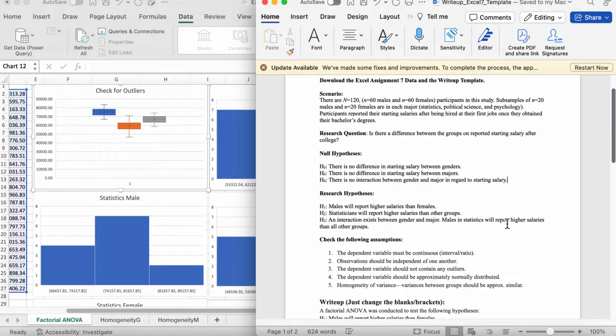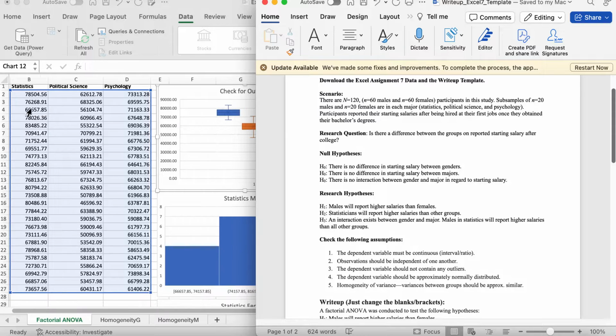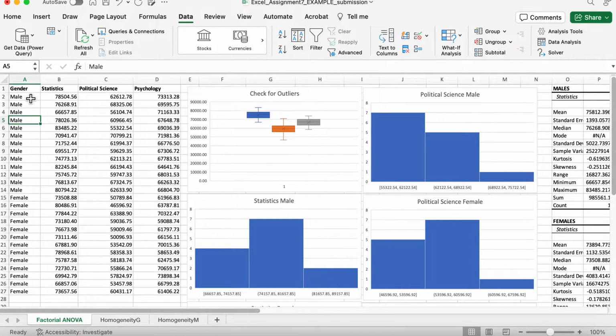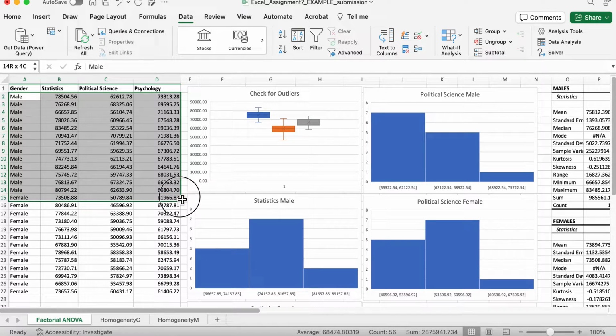So an interaction is like, here we have gender and we have major. If I thought there was a main effect of gender, that would be that males, on average, are higher than females. Or, well, not all the females, but you get what I'm saying. The average here is bigger than the average here.